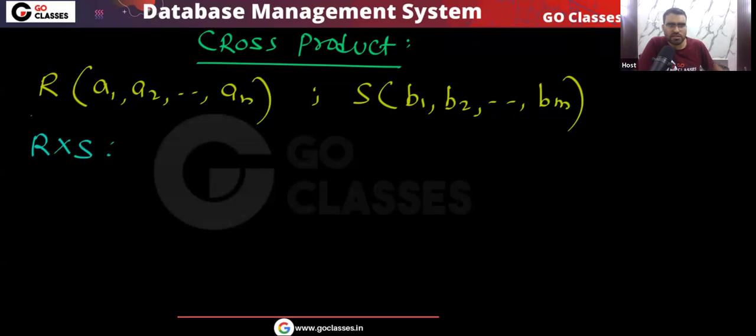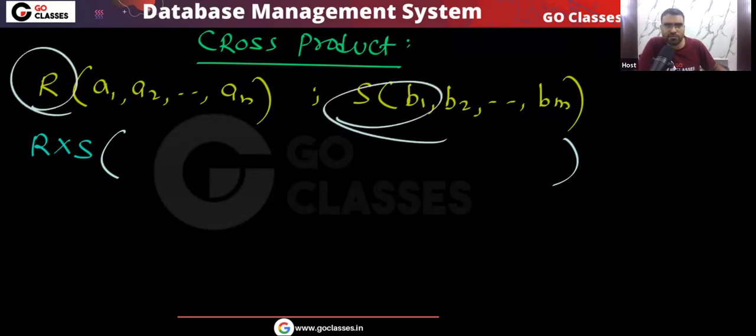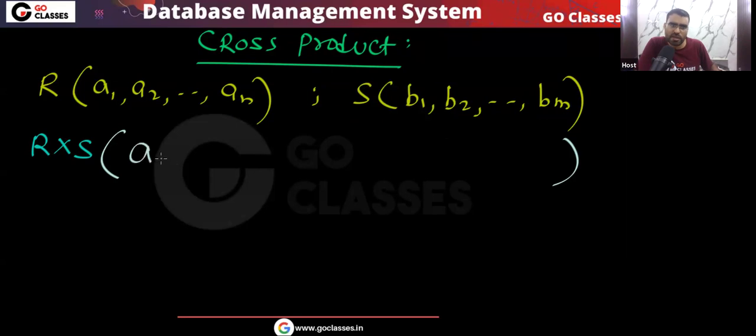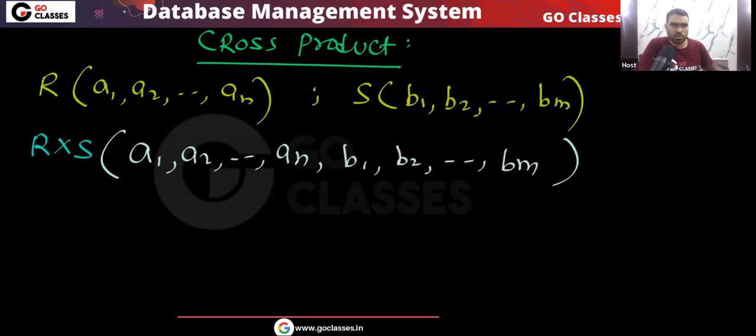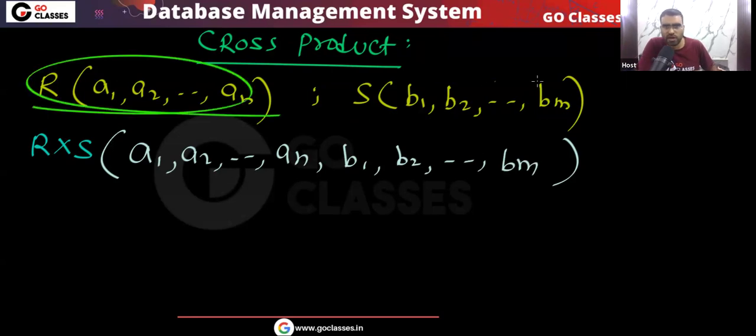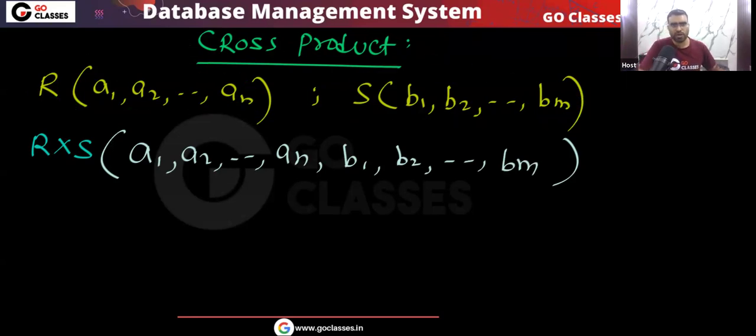First, what will be the attribute list? Very simple, this followed by this, because every tuple of R will combine with every tuple of S. So in R cross S, you will have A1 to An followed by B1 to Bm.